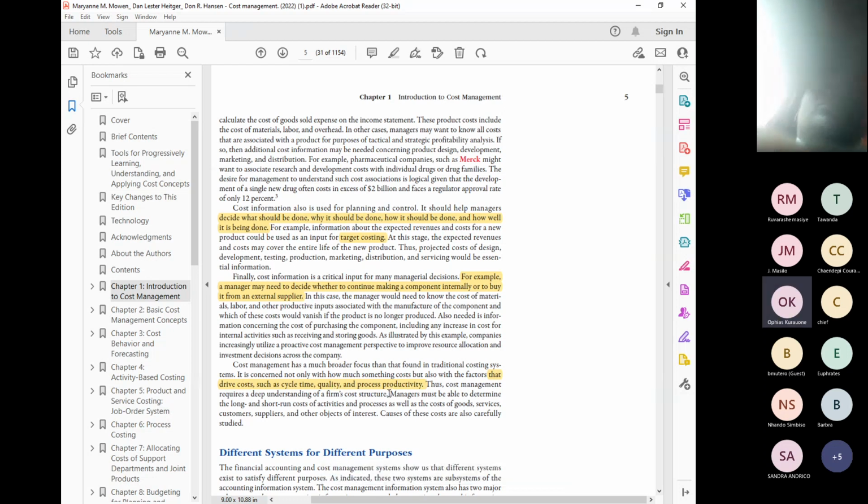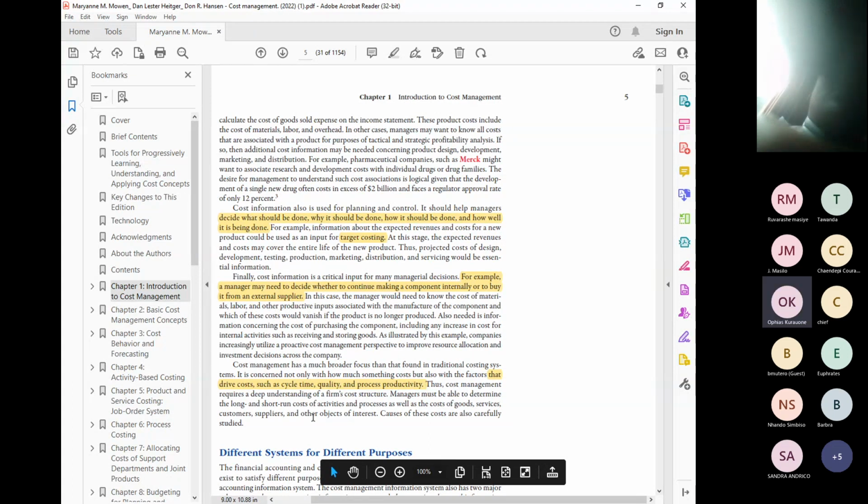What are the factors that contribute to such a cost? You should understand that. So managers must be able to determine the long and short run cost of activities and processes, as well as the cost of goods, services, customers, suppliers, and other objects of interest. So costs of this nature are also carefully studied.